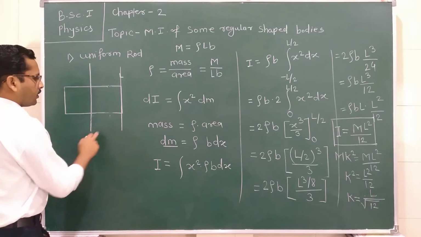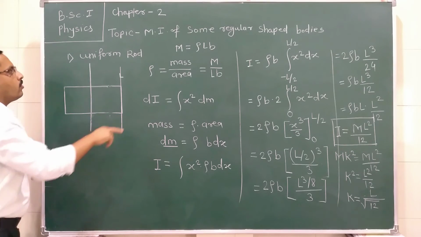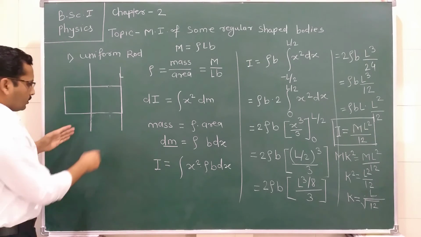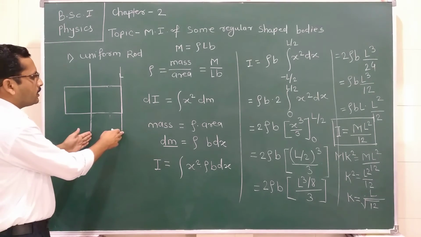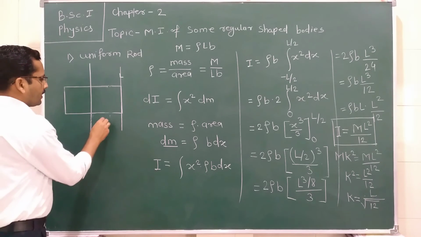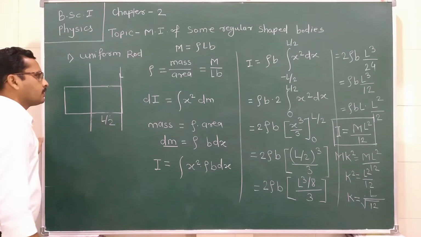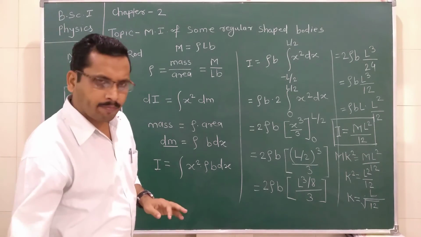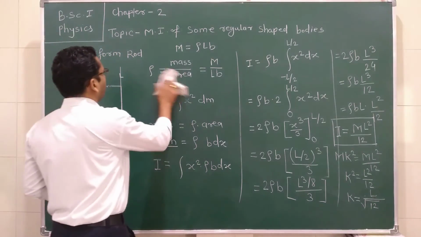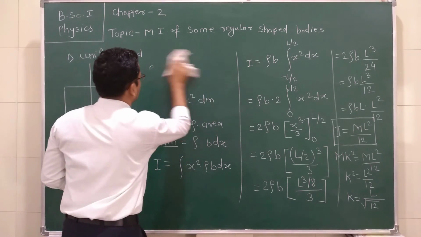The total length of this uniform rod is equal to L. So what is the length between these two axes which are parallel to each other? This length is equal to L by 2. So by using the parallel axis theorem, we can find out the moment of inertia in this case.